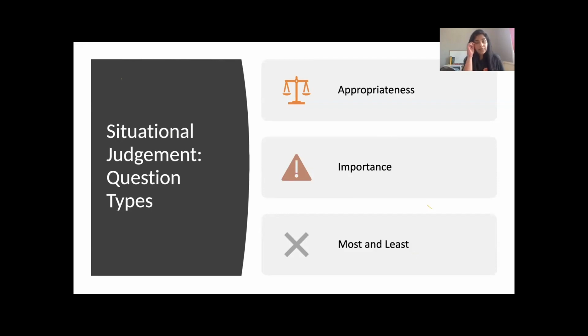And then in most and least, you'll be given a scenario again, but this time you'll be given 3 or 4 different responses to that scenario, and you need to rate which one is most and which one is least appropriate. So the most and least questions are more likely to be more than 1 mark, because you have to work out both the most and least appropriate actions, whereas the other 2 will only be 1 mark, so they'll be multiple choice.